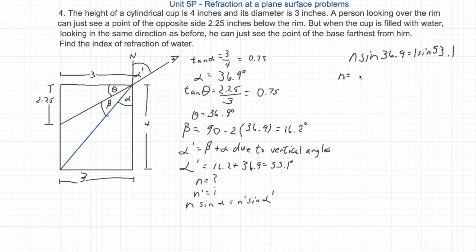So n equals the sine of 53.1 divided by the sine of 36.9. And that equals 0.8 divided by 0.6, which equals 4/3. It works.